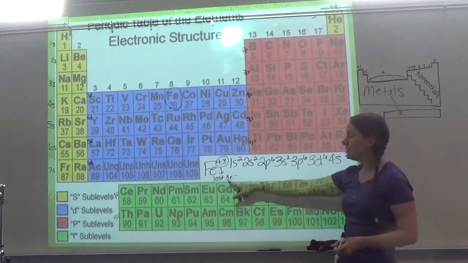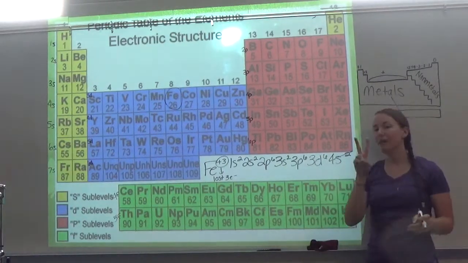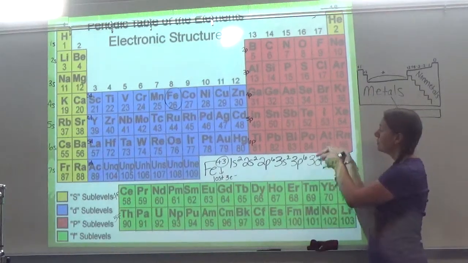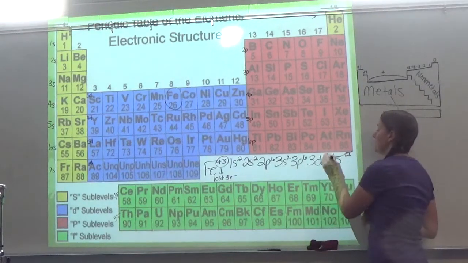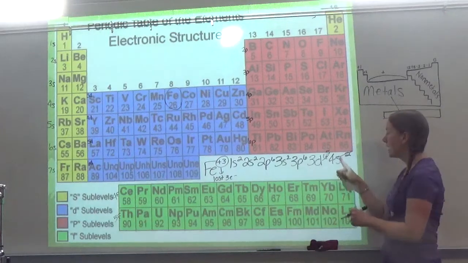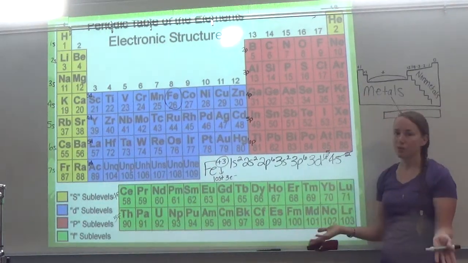All right, so I need to lose 3 electrons. If I get rid of 4s2, that's only removing 2 electrons. I still need to remove another one. So you just move to the next sublevel. So instead of ending in 3d6, I would just change that to 3d5. So see, now I removed 2 from 4s and 1 from 3d. So I've removed 3.